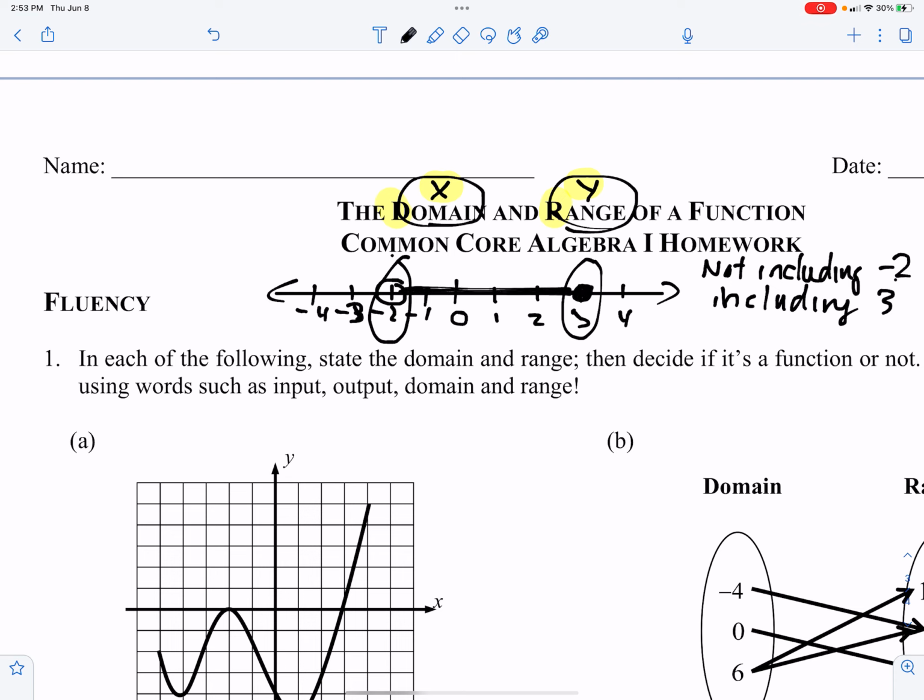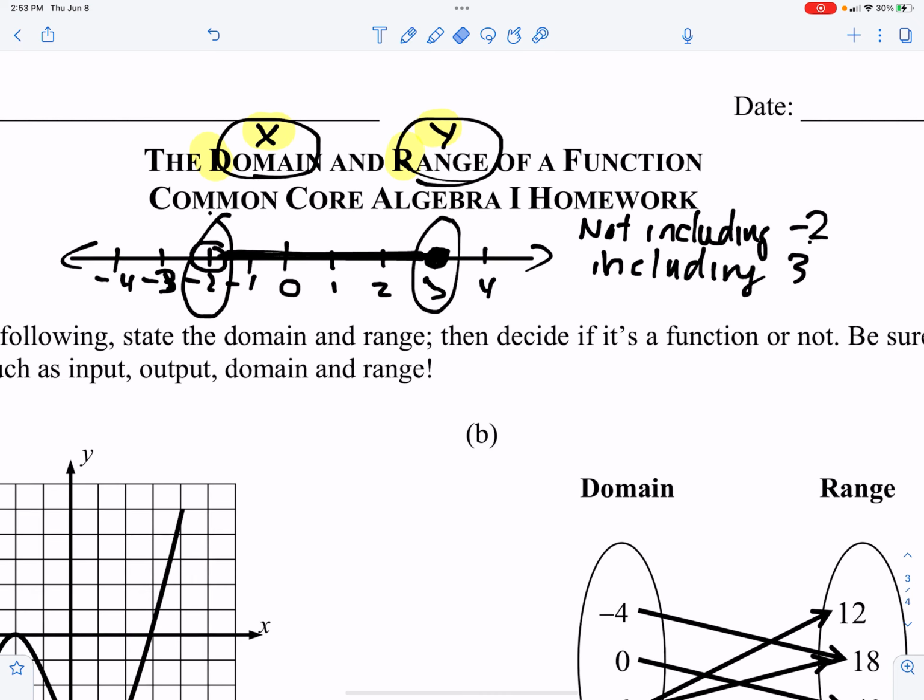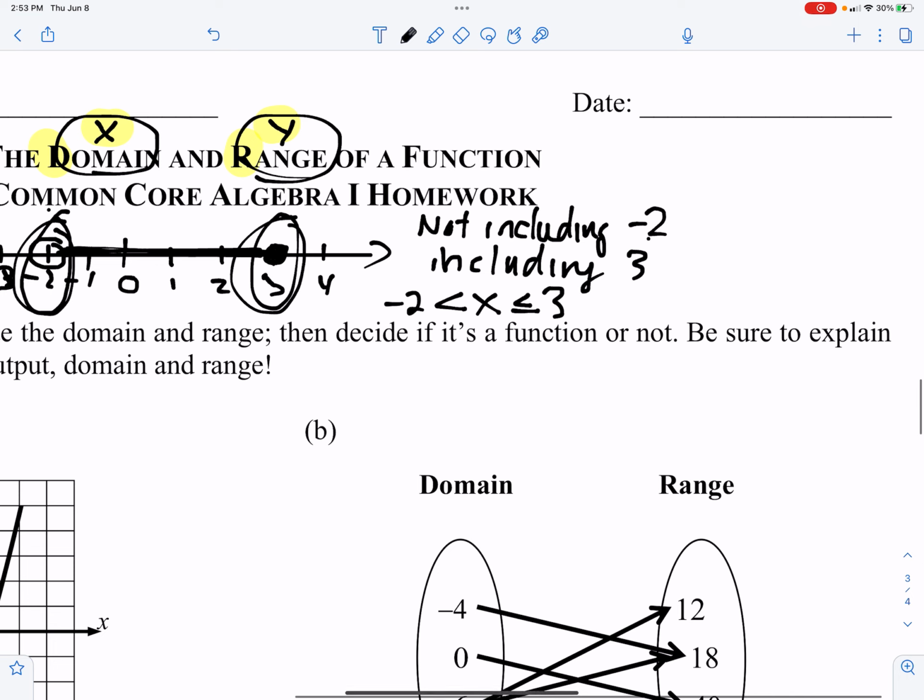That would represent the set of all numbers in between right there. Okay. Now, how would I represent that in interval notation? Well, x would be what? Less than or equal to 3, while simultaneously being greater than -2. So I can write that in what's called inequality notation.